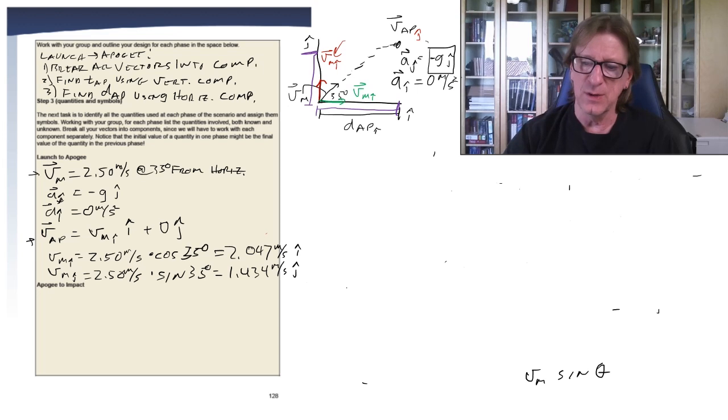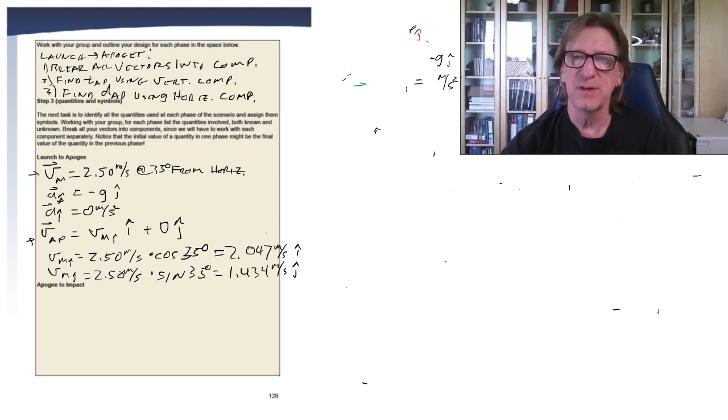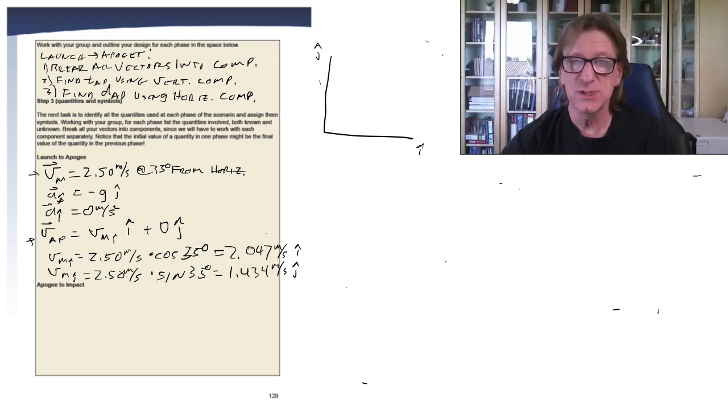All right, so now we've got this thing erased. Let's go ahead and draw us a new picture so that we can follow what's going on. This is going to be for the second half of the problem, the second phase, from apogee to our impact. So let's draw our coordinate axis here. We have to keep our i's and j's in the same direction. Once you set it, you can't change it.